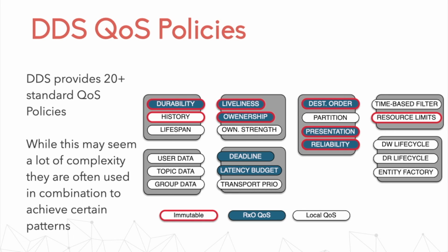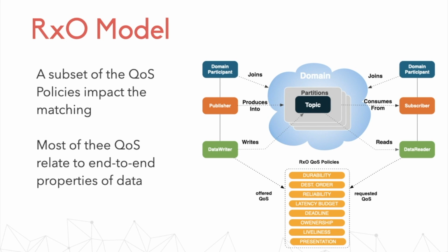It's important to understand that some of these QoS are immutable. So once you've set an immutable QoS on a DDS entity, you cannot change it. Some of them are local, so they don't impact any end-to-end behavior, and other QoS, mostly those that impact end-to-end behavior, are request versus offered. So here you have the list of QoS that are request versus offered.